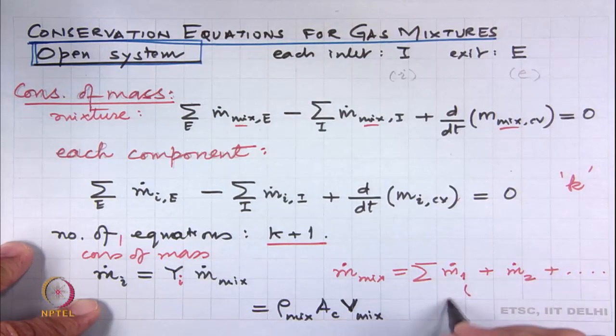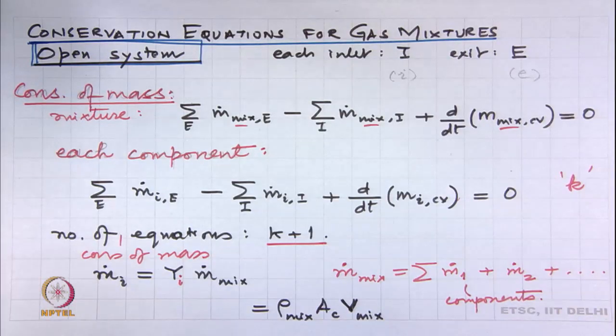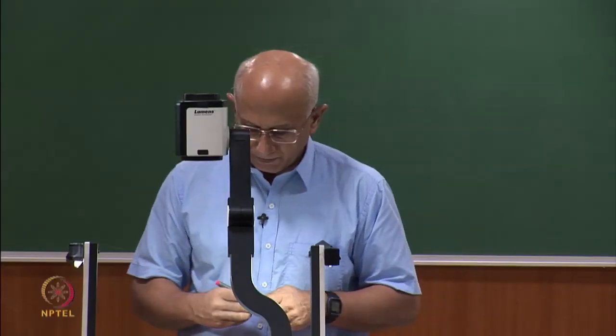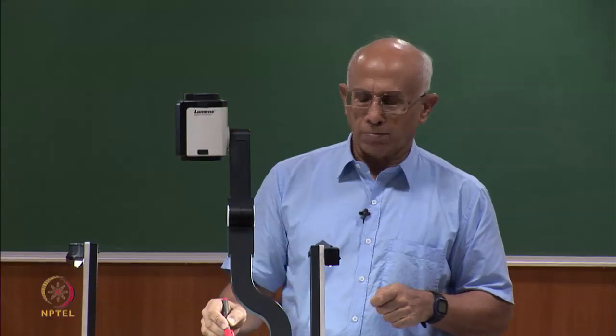So, these are all the components. So, at any flow, when you have a mixture going in or flowing out, the total mixture mass flow rate is the sum of the mass flow rates of the individual components. That is what this is, and they can be related by the mass fraction.